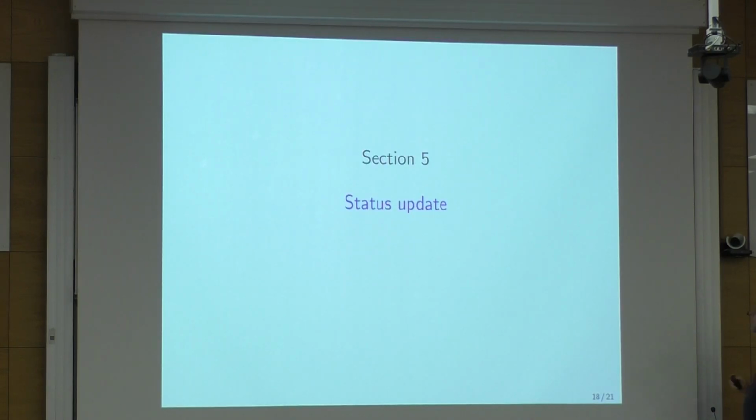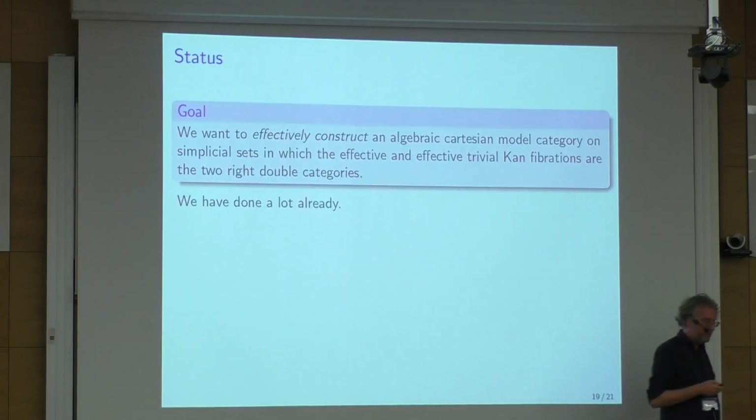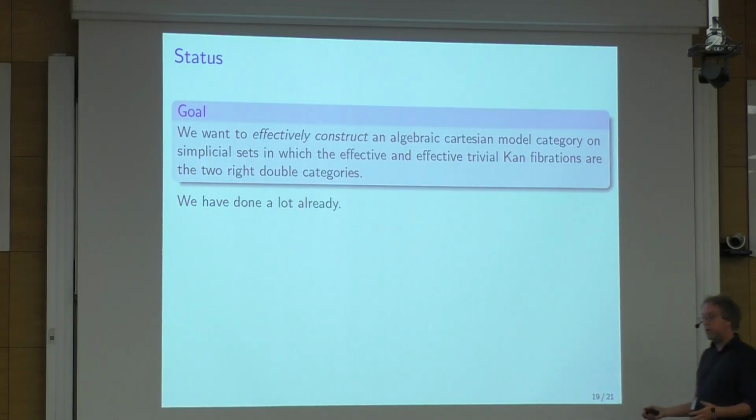So how far are we? Well, first of all, the idea is that we want to effectively construct something which we hold relative to any elementary tuple, say, although I sympathize with the idea that we don't really need a subobject classifier, but we need something.